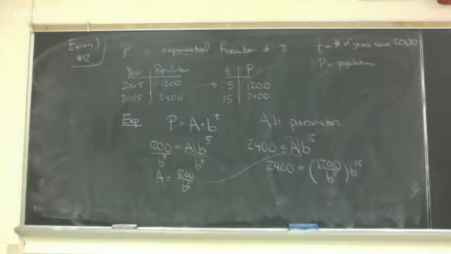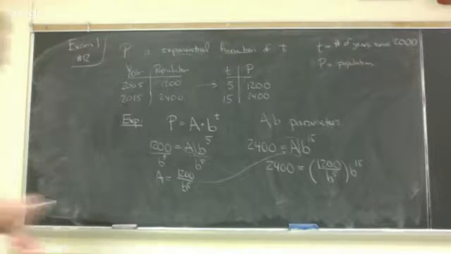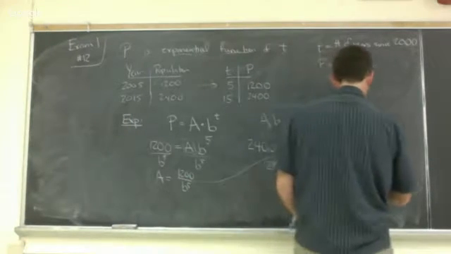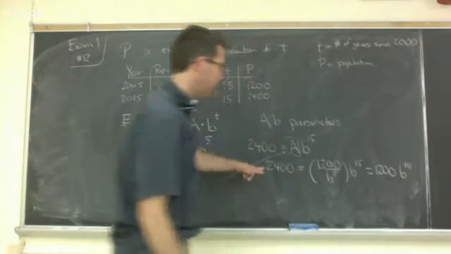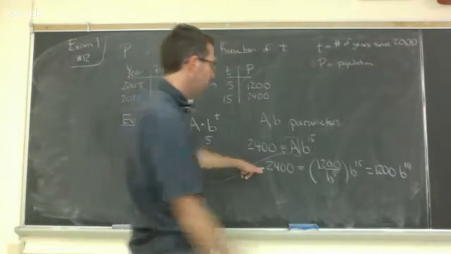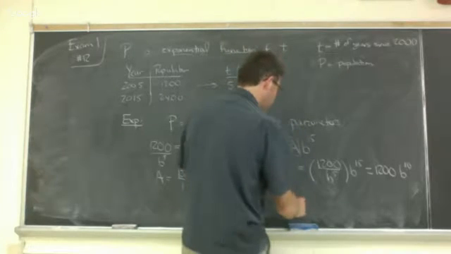Now, the B to the 15th divided by B to the 5th, I use the properties of exponents and subtract. 15 minus 5 gives me 10. I can divide both sides by 1200, and I get 2 equals B to the 10th.